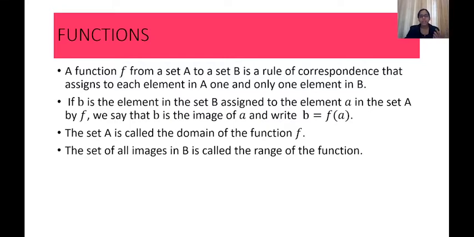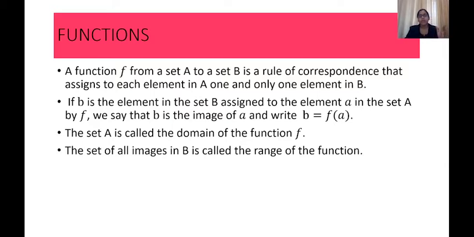If a is an element of A, and corresponding to that we have the element b in B such that b is equal to f of a, then we say that b is the image of a. And the set A will be called the domain of the function, and the set B, that is the set of all images, will be called the range of the function.